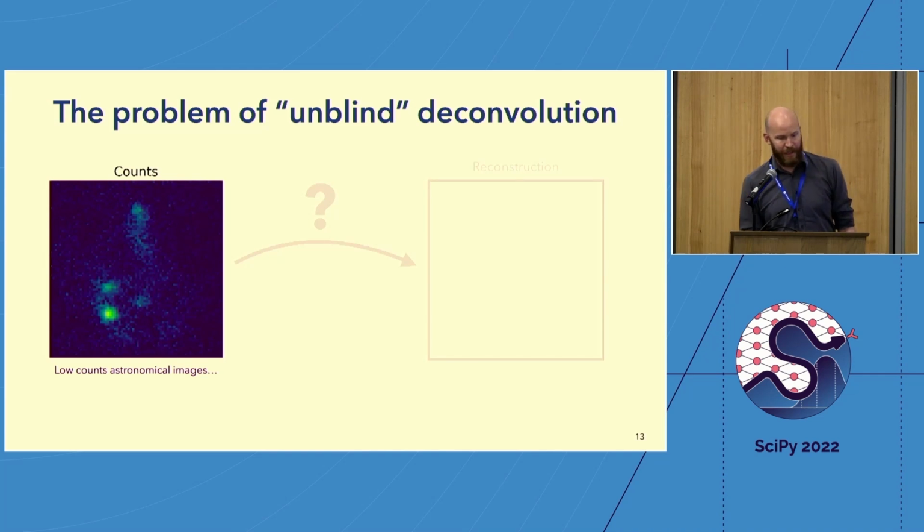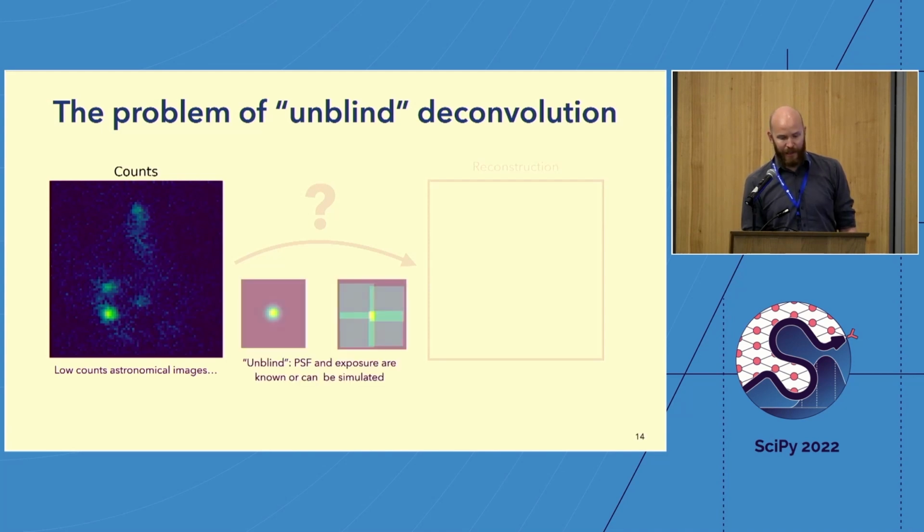This is what real data could look like from an X-ray instrument. And then the question is whether we can reconstruct the data given some estimate of the point spread function of the instrument and the exposure. This is what is called unblind. The point spread function of the instrument is either known or it can be simulated, and also an estimate for the exposure is known or can be simulated.